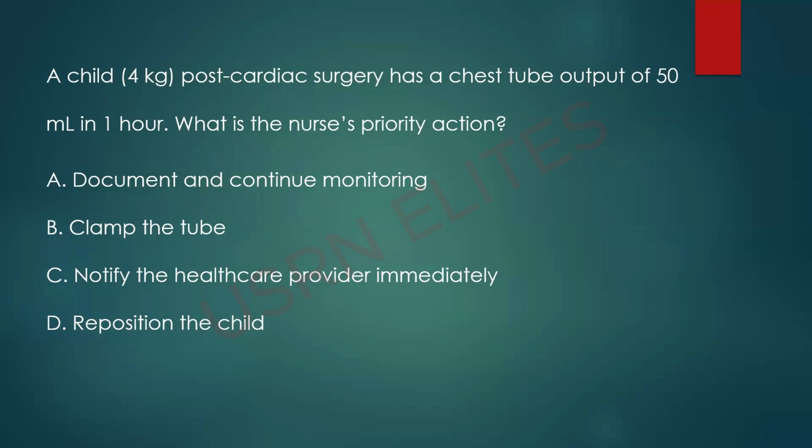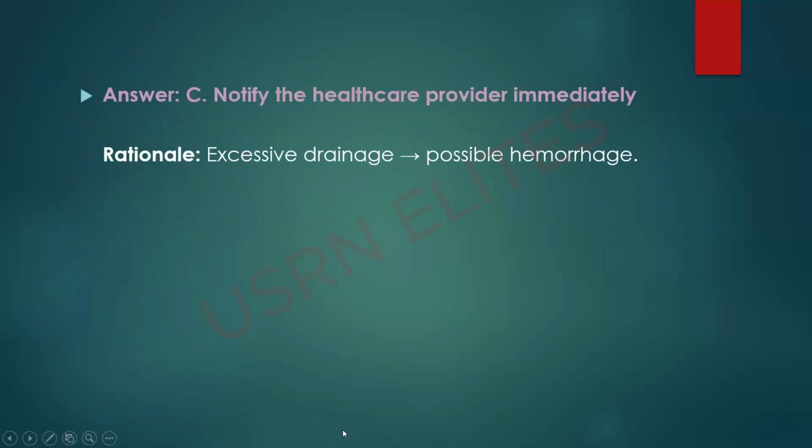Even for the normal range that we are saying is a red flag, the 50 mils per hour is still exceeding that. So it means the child has a serious problem that needs to be attended to, so you notify the healthcare provider immediately to take action. That is correct. I think it's perfectly explained.